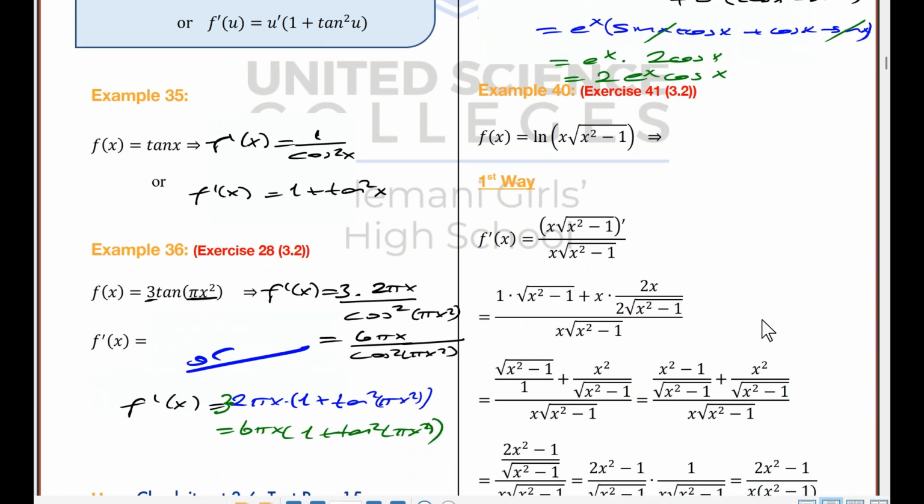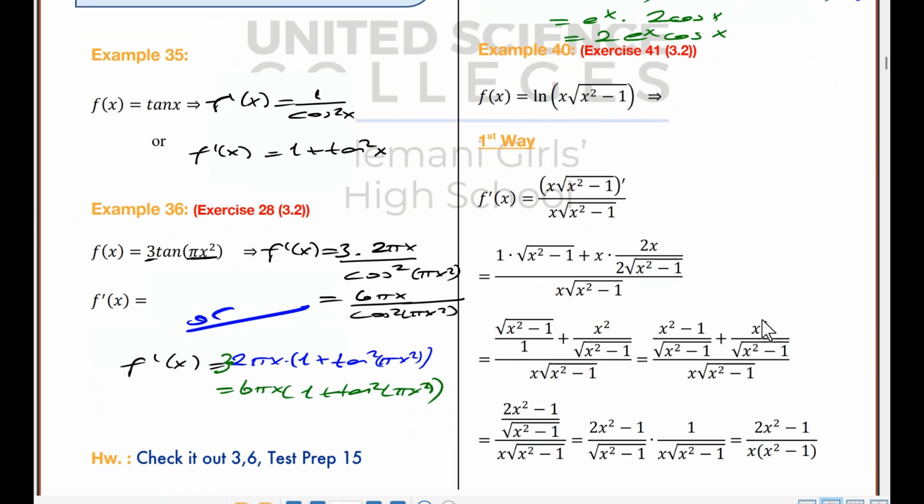Okay, another nice question is coming. We have natural logarithmic functions. In the angle we have product. It involves radical. There are a lot of things going on here in this function. We apply many rules here.